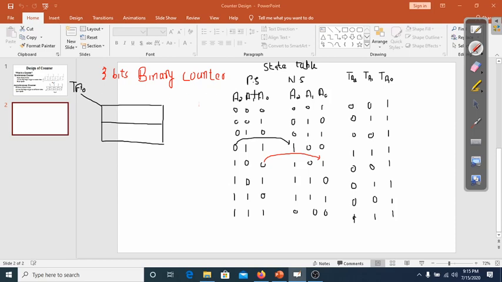This is the present state. I will take this truth table into account, and the corresponding outputs are TA naught, TA1, TA2. These are the inputs for the T flip-flop. So let us reduce TA naught.